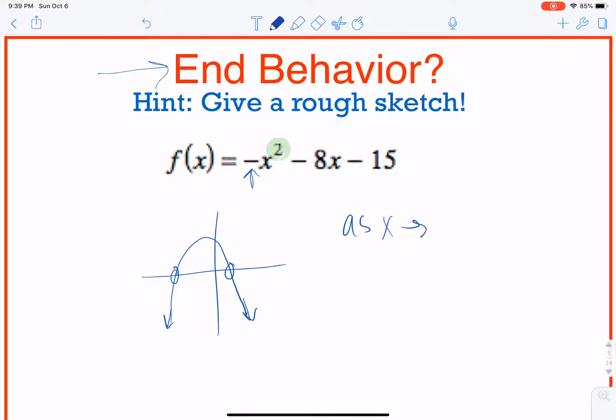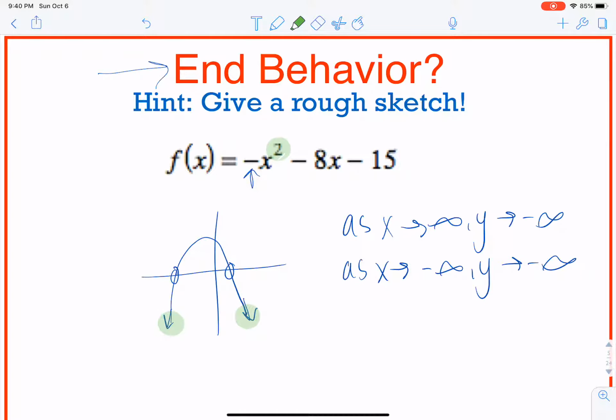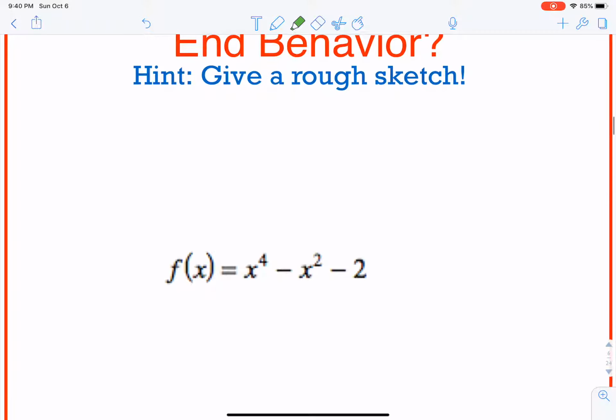So as x approaches infinity, y approaches negative infinity, and as x approaches negative infinity, y also approaches negative infinity. So again, I have an even degree polynomial, so both my end behaviors are matching, and my lead coefficient told me that they were both going down.